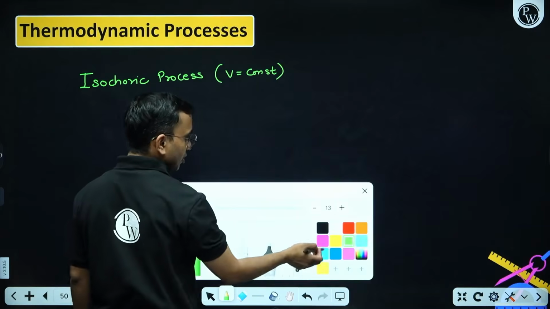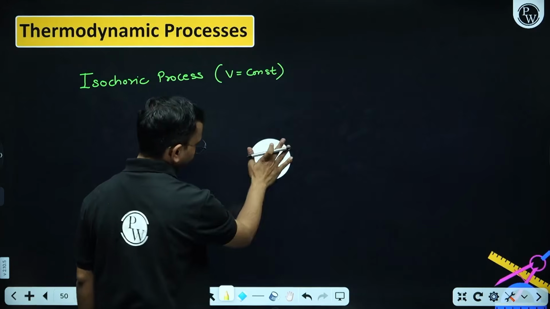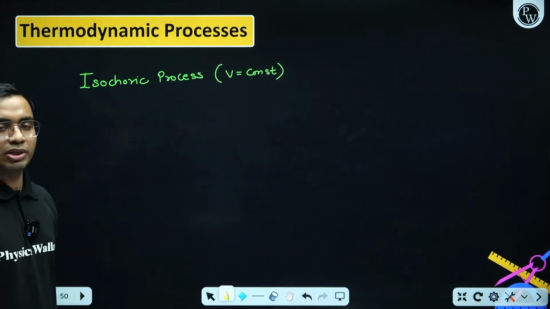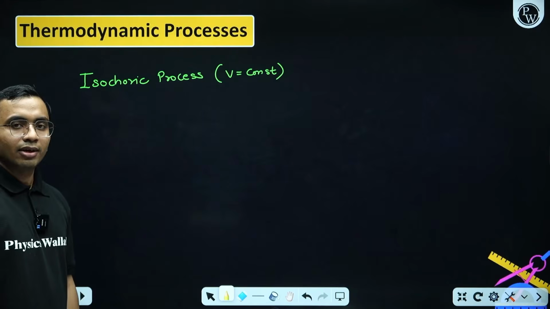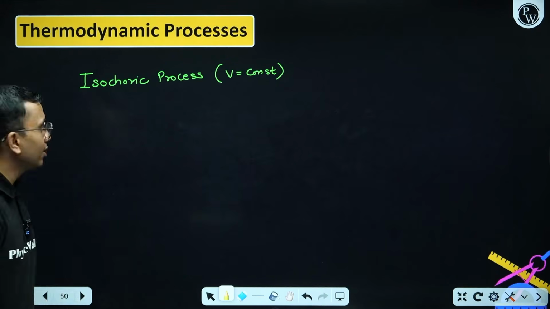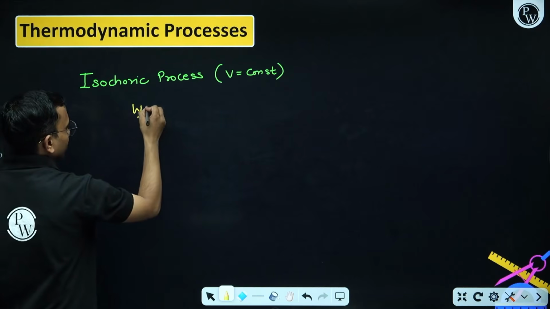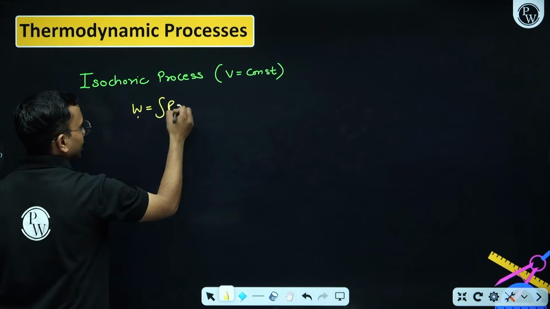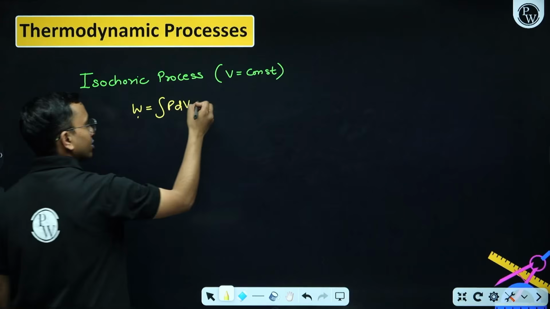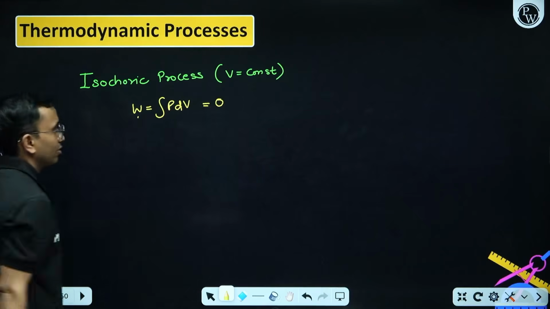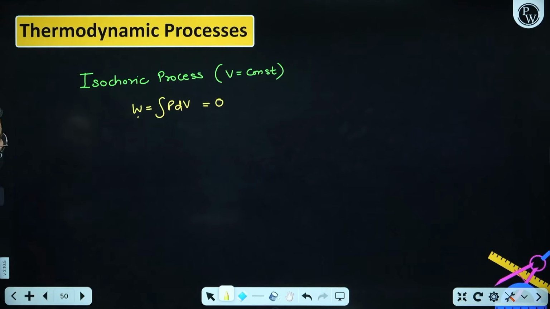If the volume remains constant, then the work done, the formula we know, W is equal to the integration of P dV. Volume remains constant, so this becomes 0. So work done is 0.